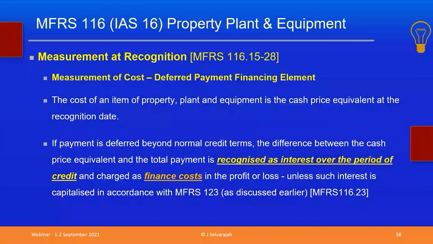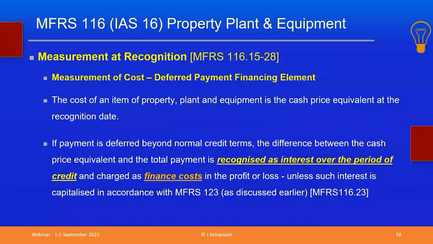Of course, there are a few things tied in here. So when you buy this machine, say for instance, it's 1 million ringgit, and you are paying in 2 years' time only. No payment intervening. They know you very well. It's coming from Germany, very expensive machines. So you're going to pay 1 million in 2 years' time. Now, of course, there is a time value of money.